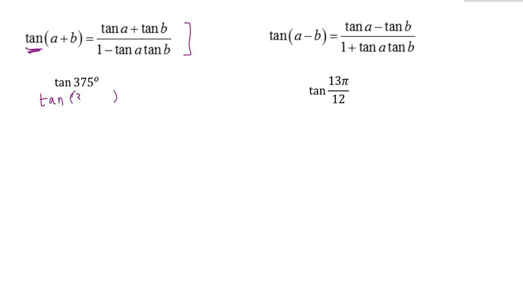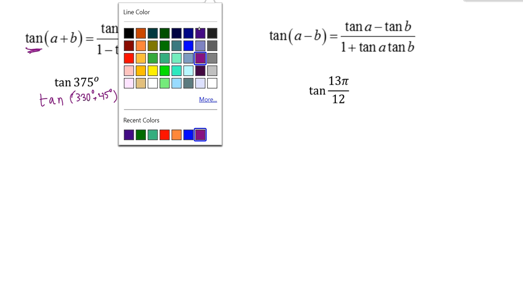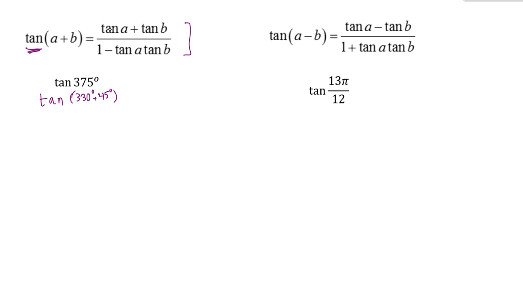So I'm just going to do 330 plus 45. All right, so this is going to be tangent of A. So A is my 330, B is my 45.